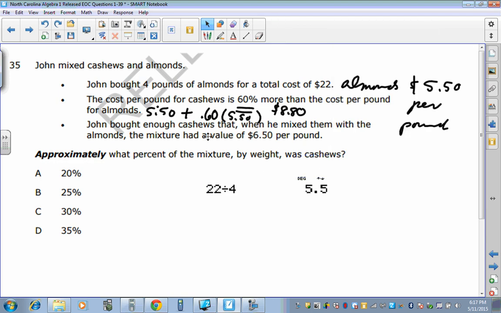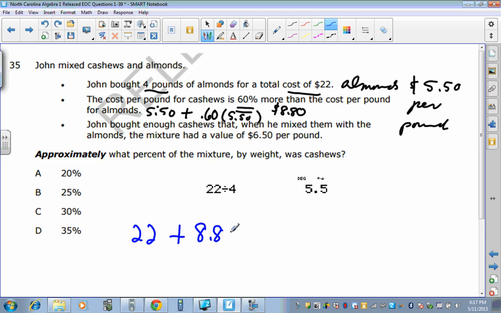Okay, John bought enough cashews that he mixed them with the almonds. The mixture had a value of $6.50 per pound. Okay, so let's see. We already know that the almonds, he bought 4 pounds for a total cost of $22. Okay, and then he bought some cashews. They cost $8.80 per pound. Let's let C be the weight of the cashews.